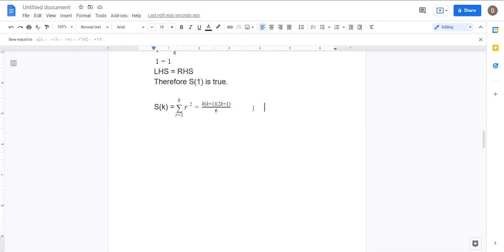So we're saying that the sum from 1 to any generic element of r squared should be equal to this. But we're not too sure yet. We have to prove that. So that's why we're assuming. We're going to assume it's true.